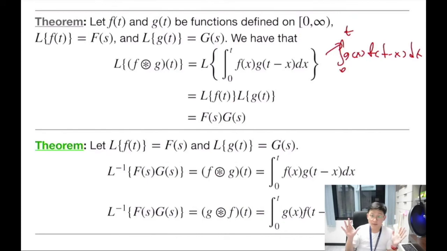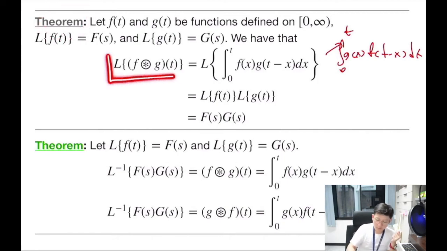Either is fine, because the convolution of f and g and the convolution of g and f are the same, right? We talked about that in the second part of the second section, the third clip. So if you don't remember this, just go back there.